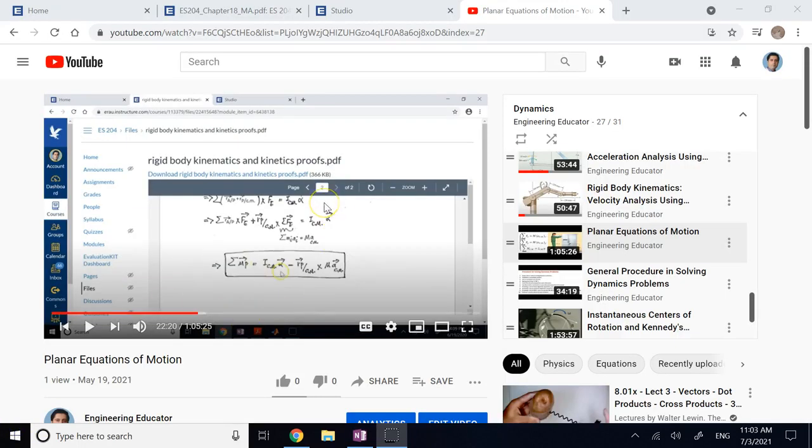So if you remember, in one of the videos called Planar Equations of Motion, I proved to you that if point P is an arbitrary point, and it's not the centroid, not a fixed point, then if I want to write the angular momentum equation for it, I have to write that the sum of the moments about that point is I about the centroid times alpha minus r of that point with respect to the centroid cross m a_CM.